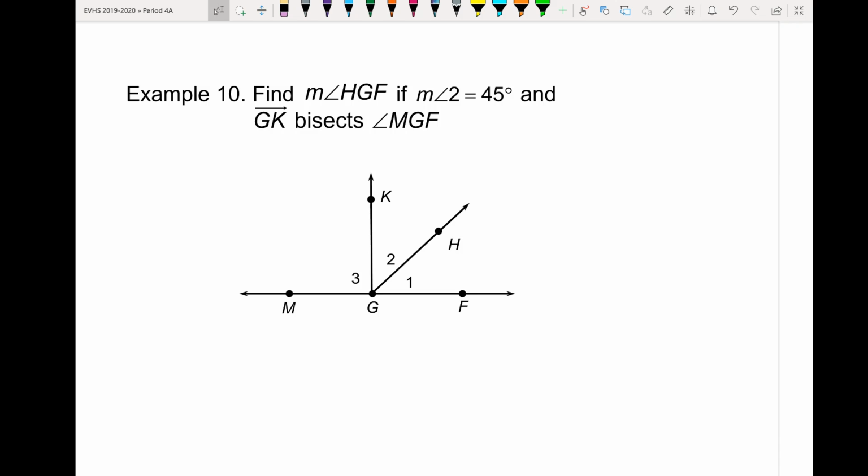All right, here we've got the word bisects. GK bisects angle MGF. So when GK bisects MGF, that means that this angle equals this angle, and the measure of angle 2 equals 45 degrees.